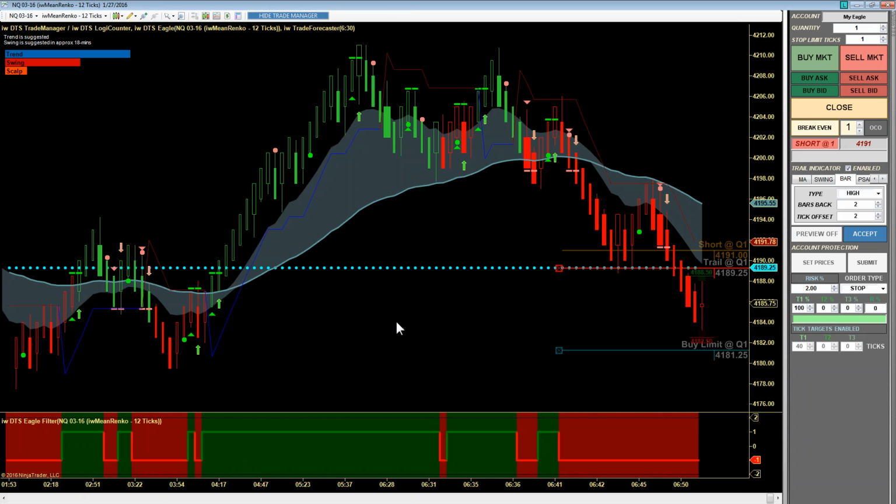NinjaTrader is one of the most sophisticated charting programs out there as far as coding goes. That's why we were able to program something like this trade manager with the risk component built in, with the preset stops, all the different stop strategies, and the automated stop trailing. Those would not be possible to do on other platforms at the moment.